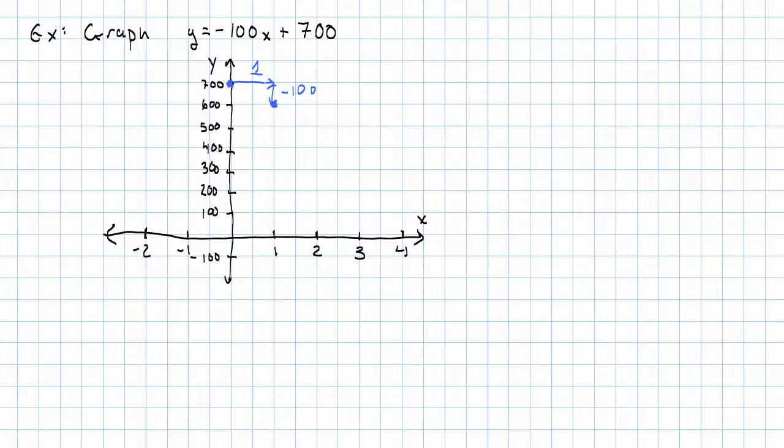So our graph is going to look something like this. Why on earth would we have numbers on wildly different scales like this? Well, that actually happens all the time when we're talking about real-life situations.